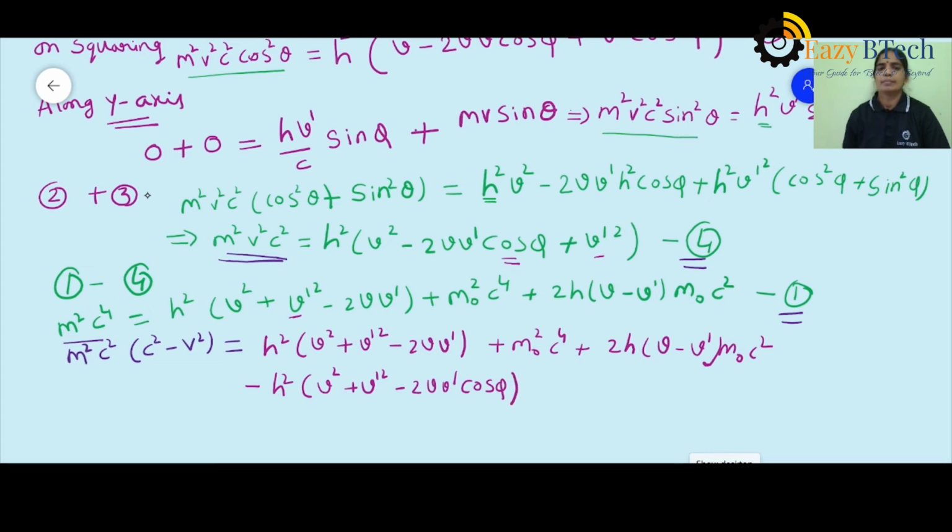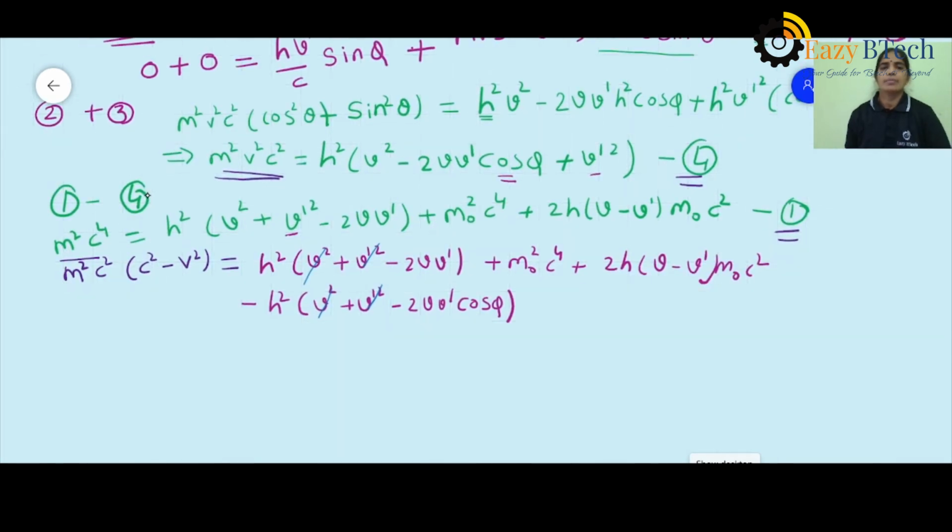Now what will happen? I can have this mu square minus mu square, and mu prime square minus mu prime square cancel. Then what will be left over for me? h square into minus 2 mu prime.